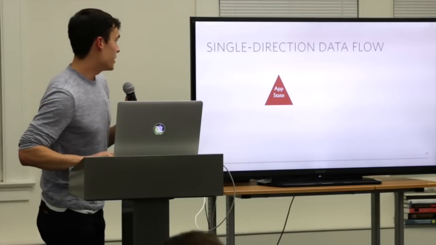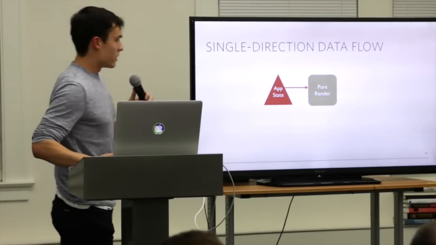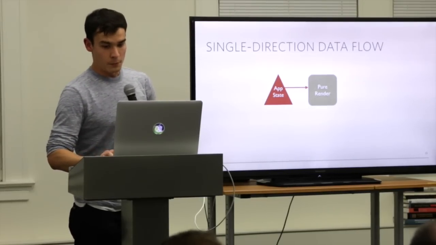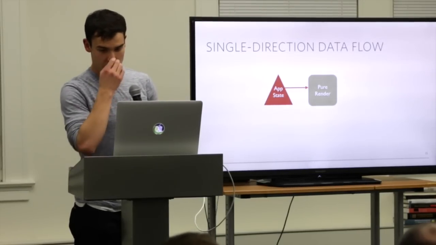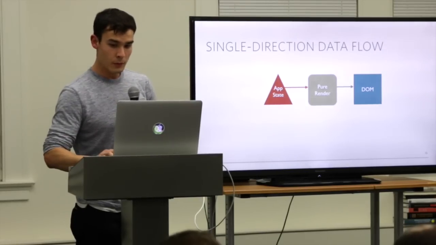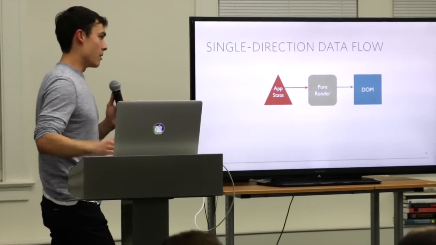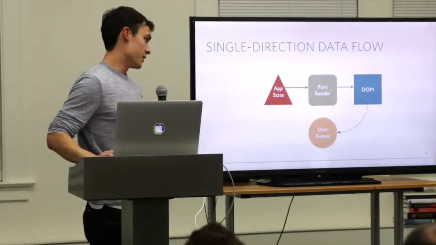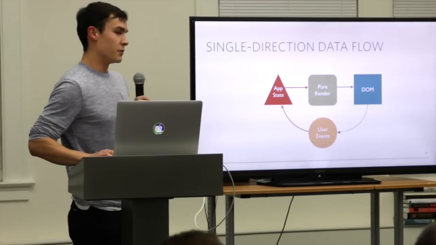Ideally, we could have some sort of app state and then produce some rendering of that with a pure function, producing an initial DOM rendering. Again, sometime in the future, we'll have some user events to close the feedback loop that will produce a new app state.